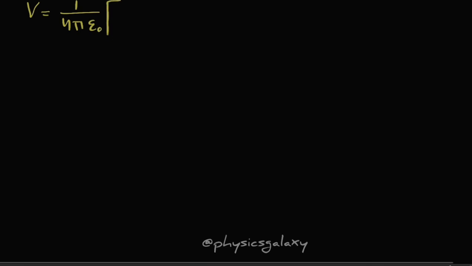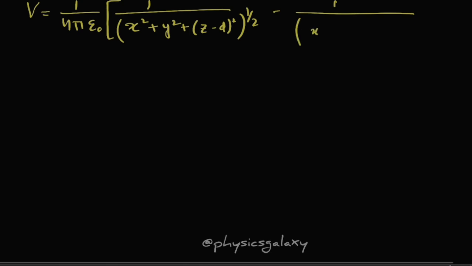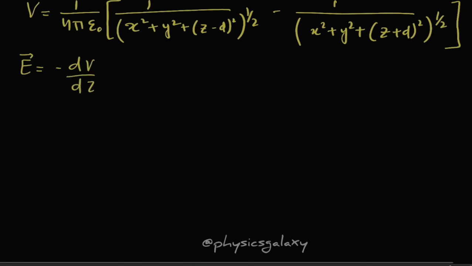Then we have 1 divided by x square plus y square plus z minus d whole square to the power 1 by 2, in place of under root, minus 1 divided by x square plus y square plus z plus d whole square to the power 1 by 2. To find the electric field, I just do minus dV by dz, and this will be in the direction of z cap.